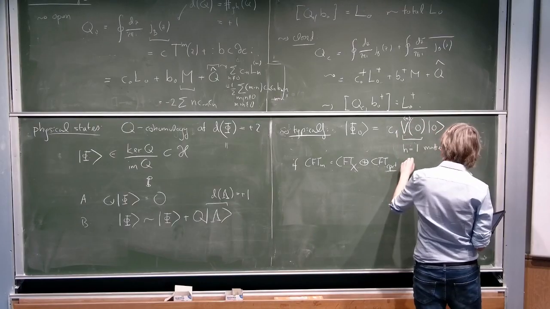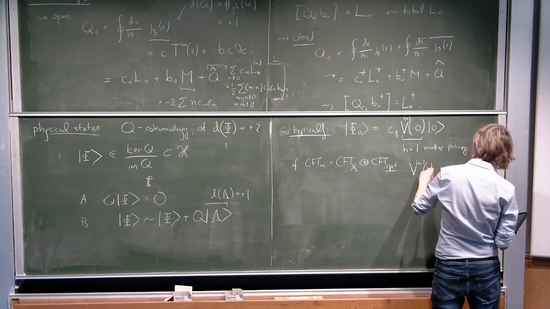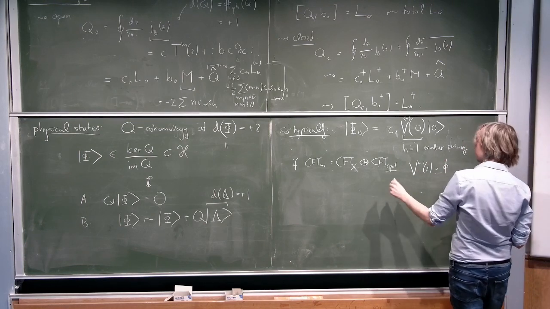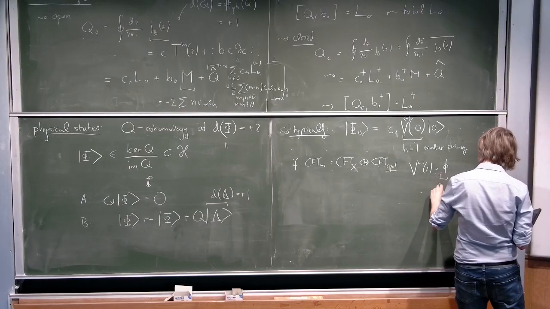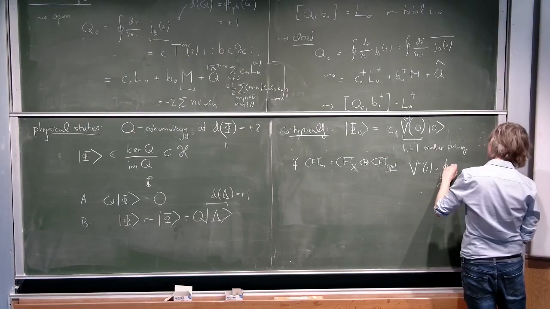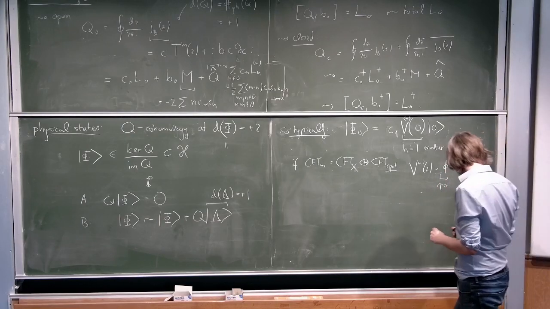Then this V matter can take a particular form. We can write it down as some field phi, which belongs to this compact part of the matter CFT, times the plane wave in these non-compact free bosons.